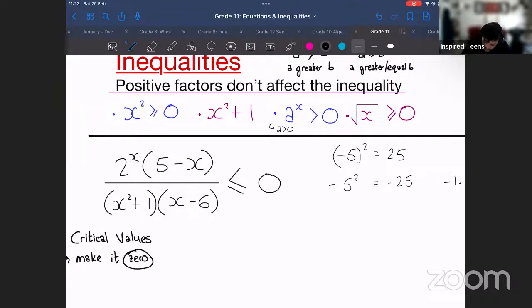That's why we just have a to the power of x is greater than 0. Even if x is a negative number, try it. Any positive base to the power of a negative exponent is always going to give you a positive answer. So this is always positive.